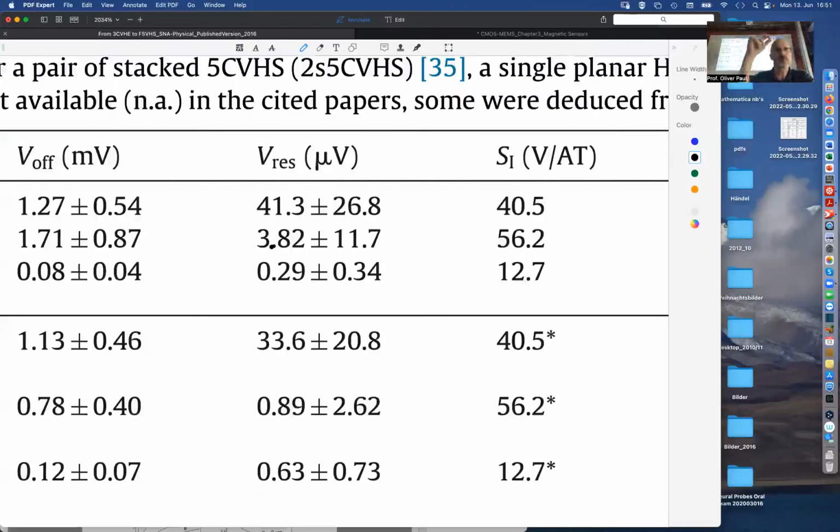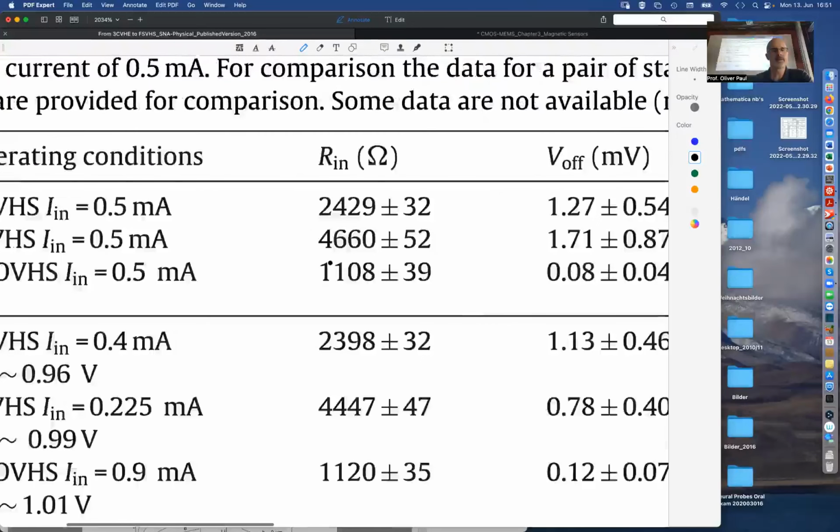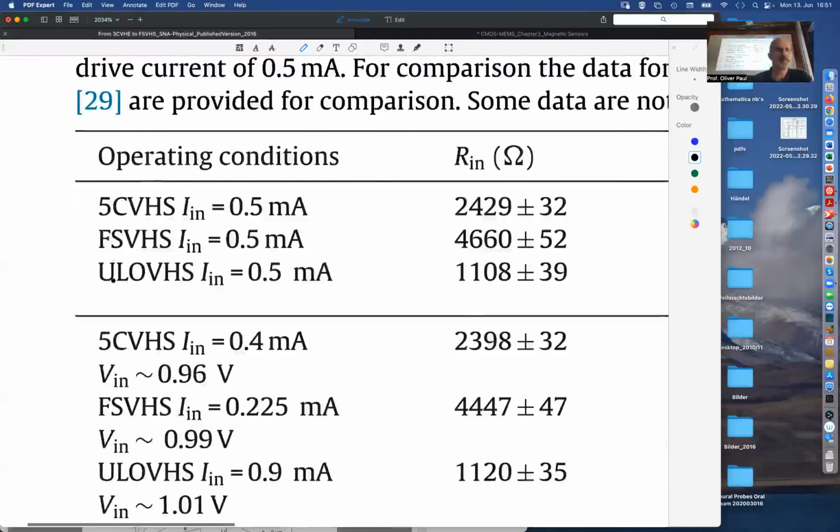You can measure 10 times smaller magnetic fields. And then there was another version which has this, I would say, mythical name, Ulof's ultra low offset vertical Hall sensor. Whereas the FS-VHS was the fully symmetrical vertical Hall sensor. Whereas this was the 5 contact vertical Hall sensor.